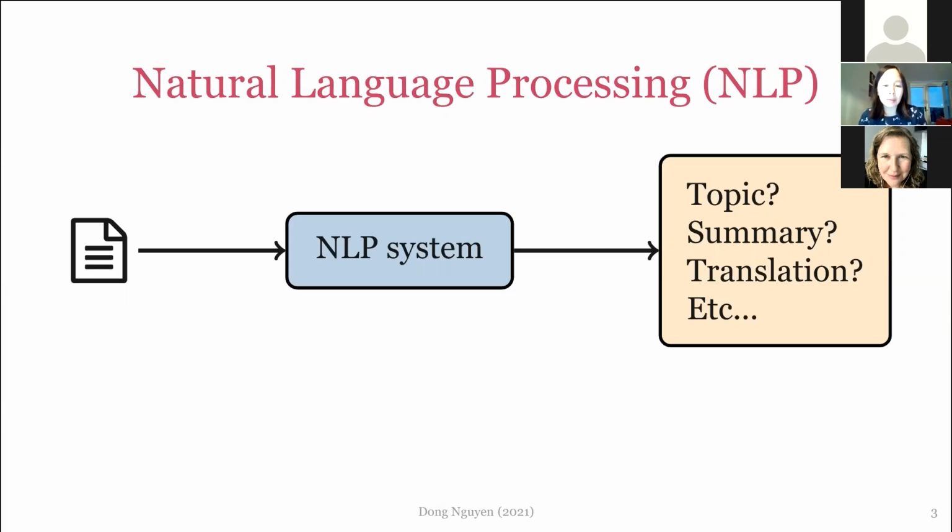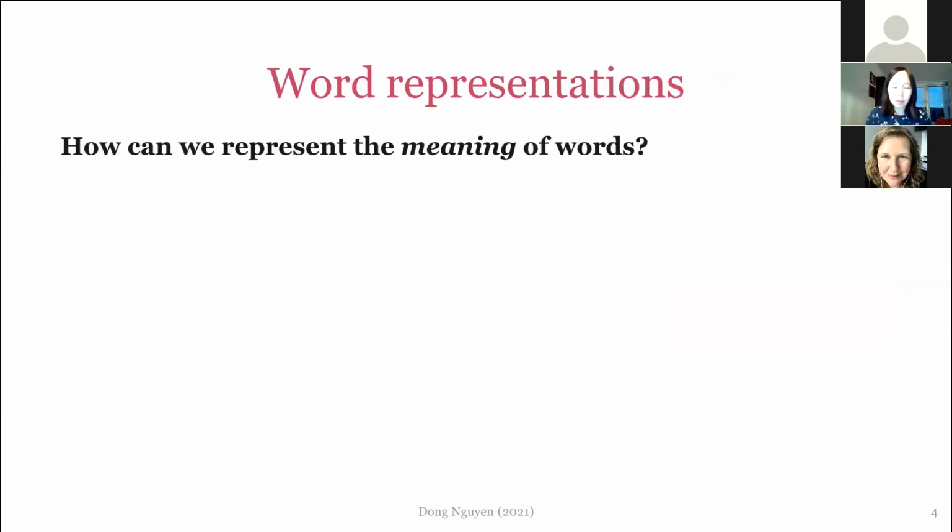And NLP has seen very large advances in the last few years. One of the core components in most modern NLP systems are what's called word embeddings. The idea is that it's really important to somehow capture or represent the meaning of words in our computational system, right?